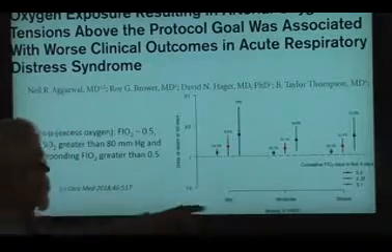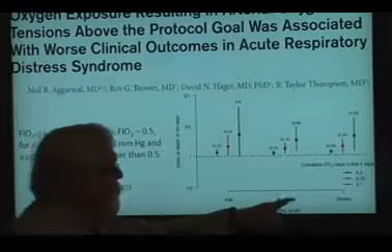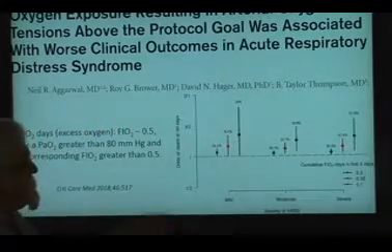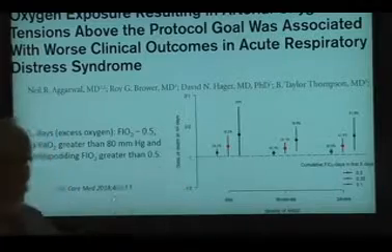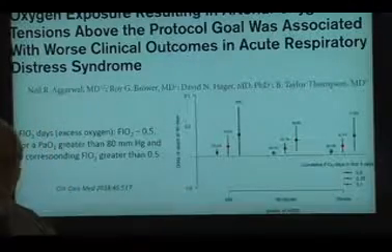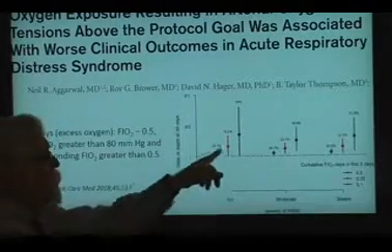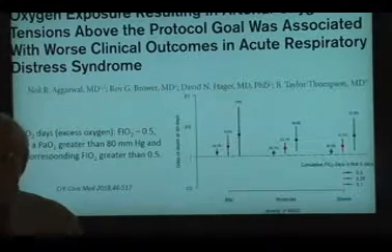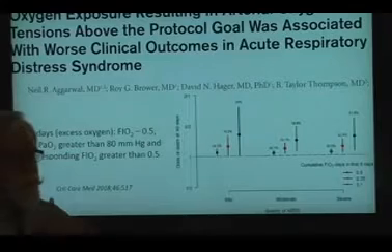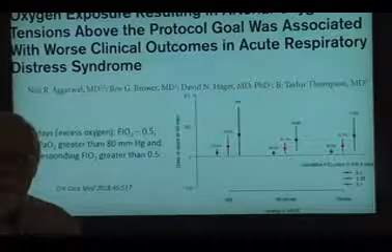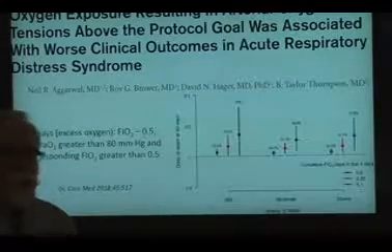So what they found was that for either mild, moderate, or severe ARDS, the greater the oxygen exposure, the greater the odds of death. So mortality was increased with exposure to excessive oxygen. In other words, allowing the oxygen saturation to be greater than 95% because of a higher FiO2 setting on the ventilator.